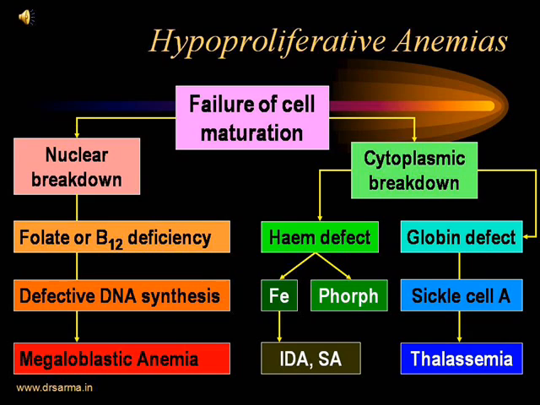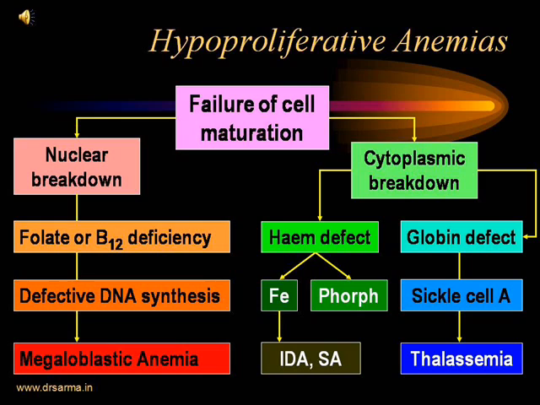If there is a breakdown in the process of nuclear maturation, then that could be resulting in megaloblastic anemias. The common cause of nuclear breakdown is either folate deficiency or vitamin B12 deficiency. This results in defective DNA synthesis and leads to megaloblastic anemias.